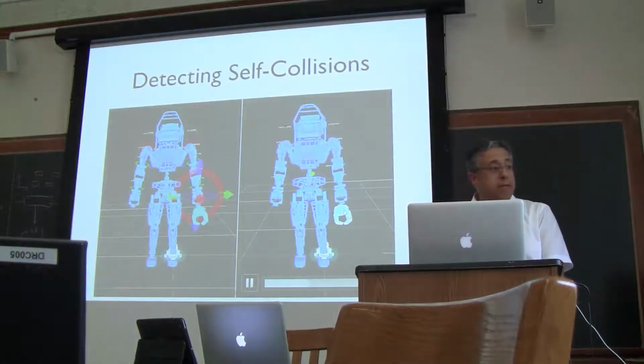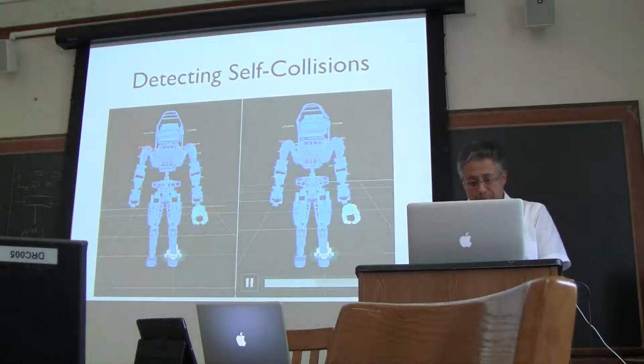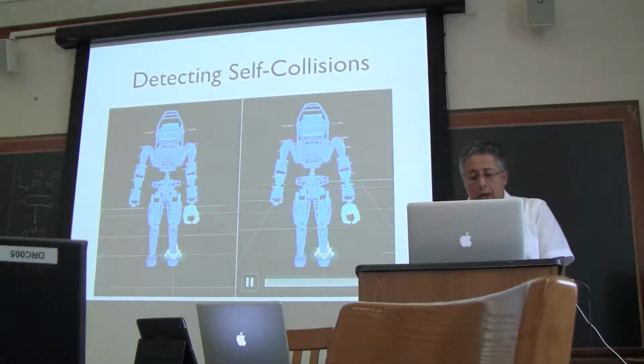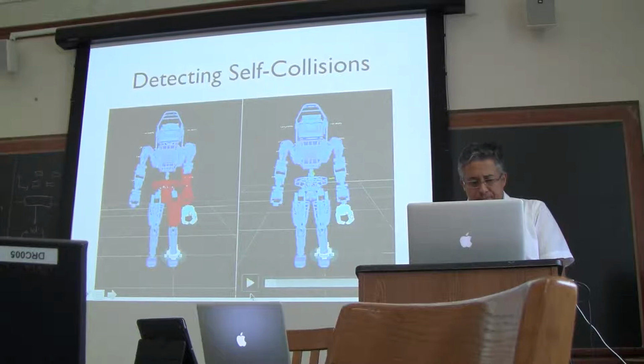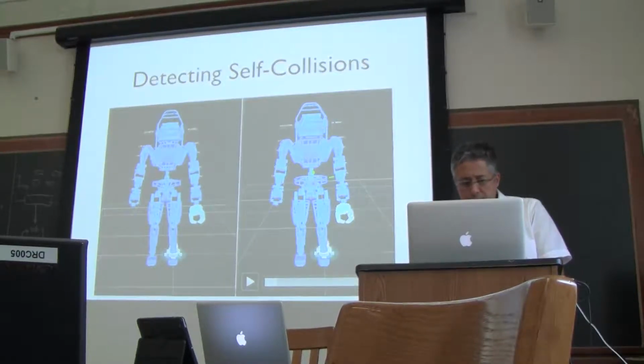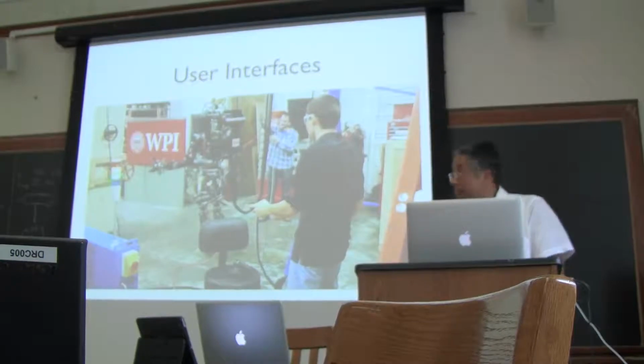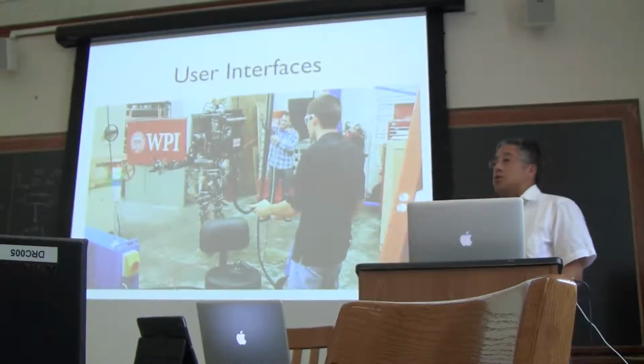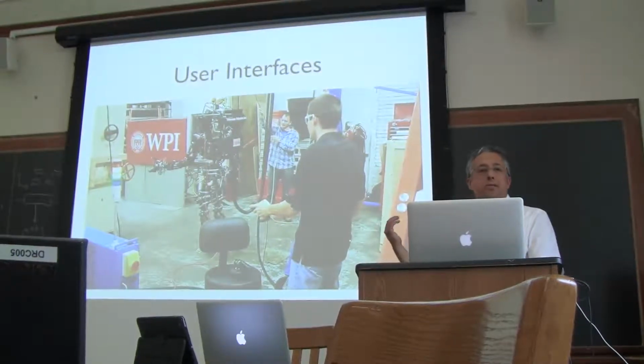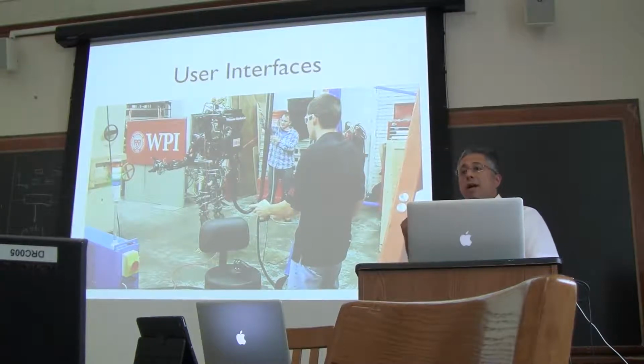So this is one added capability now on our robot. We also looked at different kinds of user interface, and this is maybe 2 months old work right now, to provide a better interface between the robot and the user.